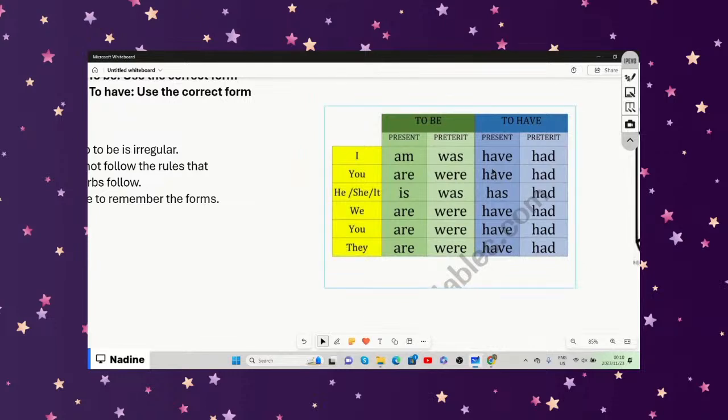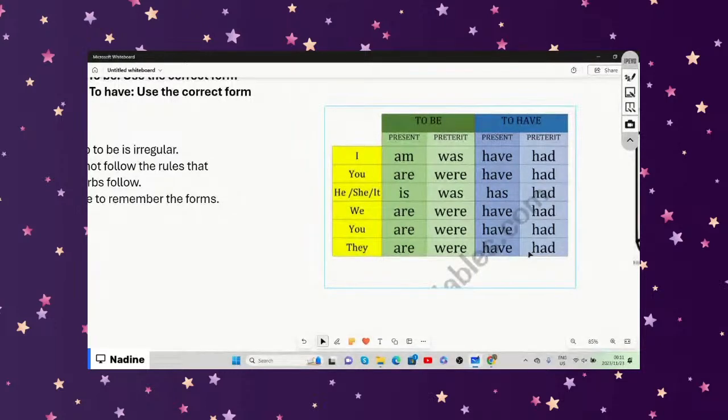And then we have the same with to have. So to have is where we either use have or has. If we make mention of the subject I, then we can say I have in the present tense or I had in the past tense. You have, you had. So it's either we use have or had.